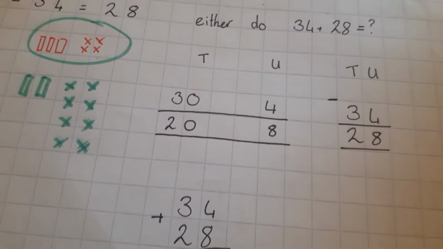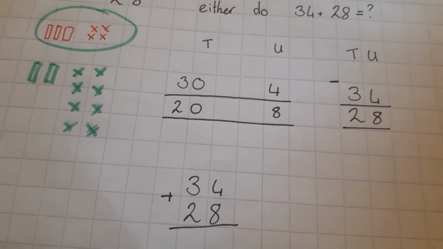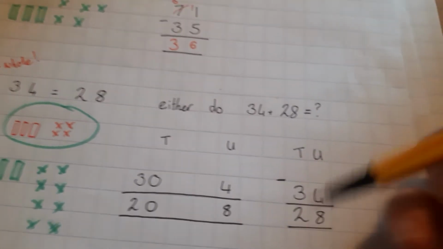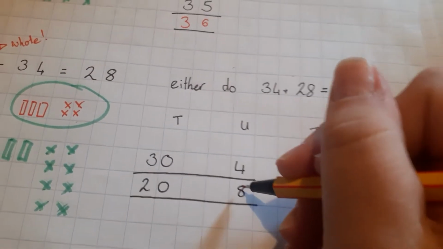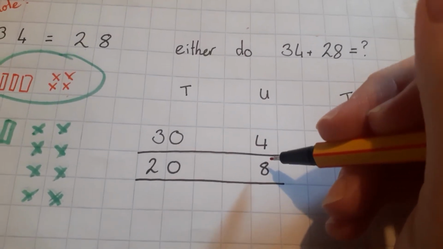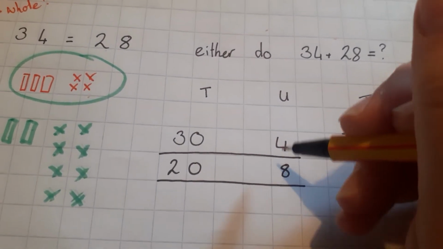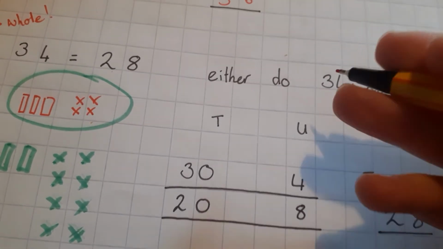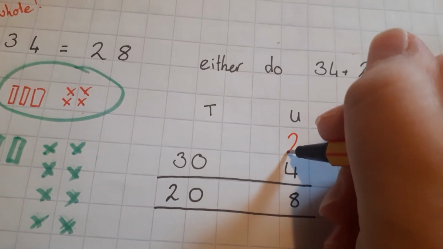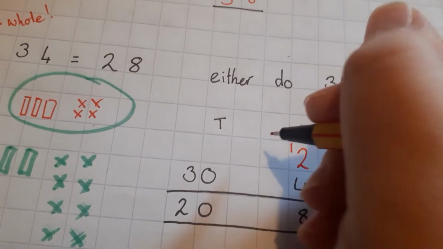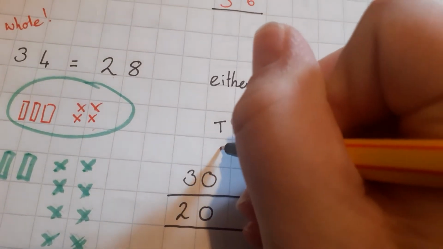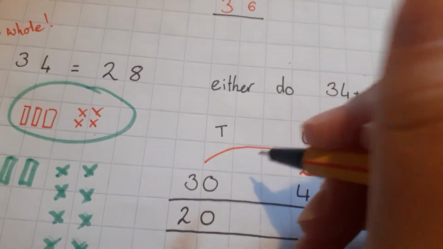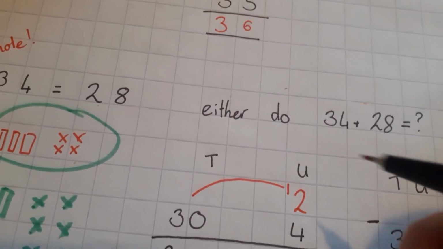Let's try it on this one. So, something take away 4 is 8. Oh dear. Well, let's go backwards. 8 add 4 is 12. So that means there was probably a 2 here and a 1 that got stolen from over here. So whatever was here got crossed out.